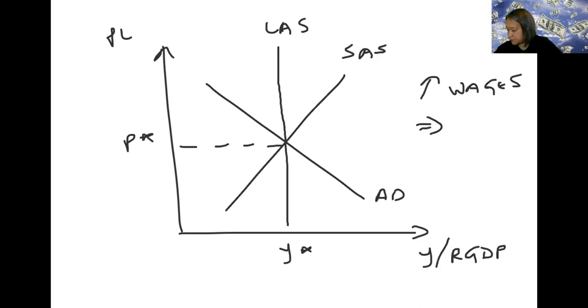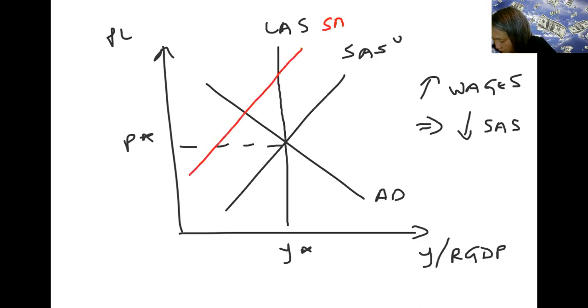If that is the case, then you would expect our supply curve to decrease. So let's go with our SAS0, and then our supply curve will shift to the left, SAS1. Now what we see here is we have our Y0 being less than our Y star and our P0 being above our P star.